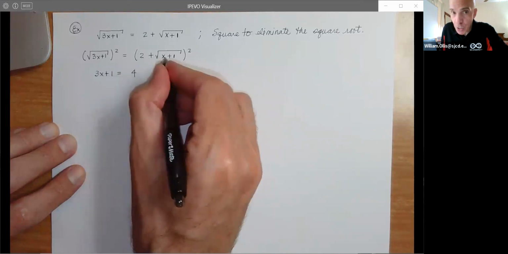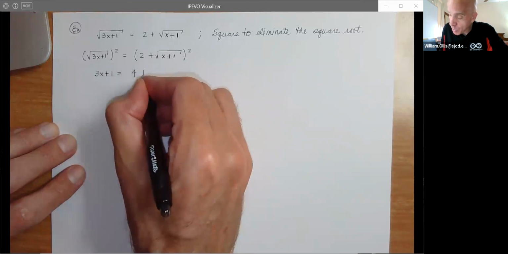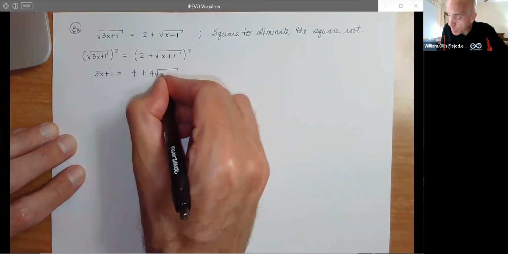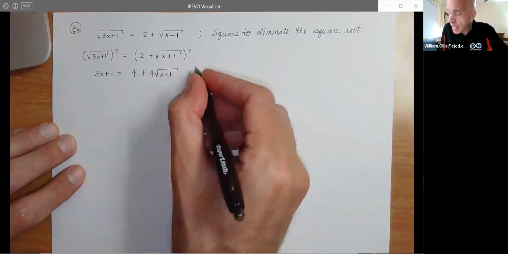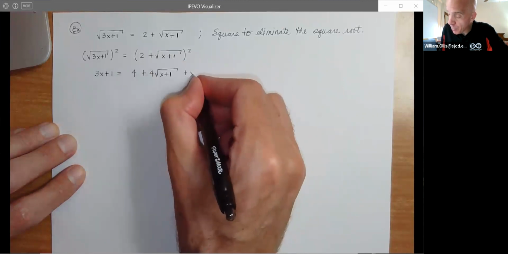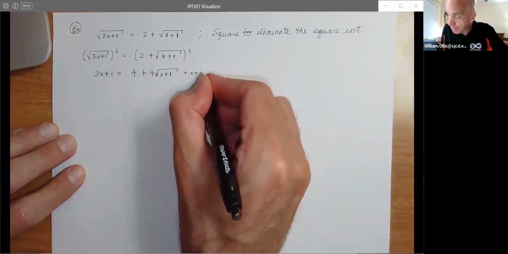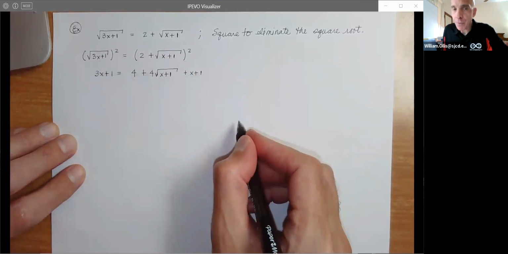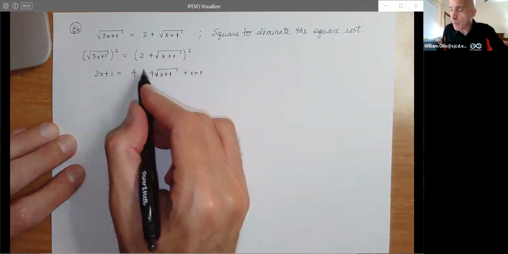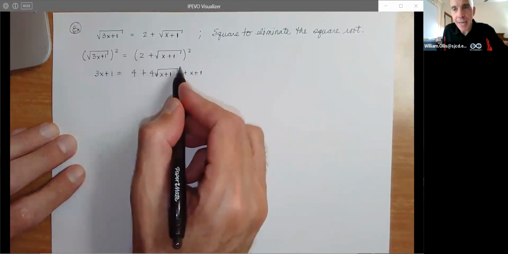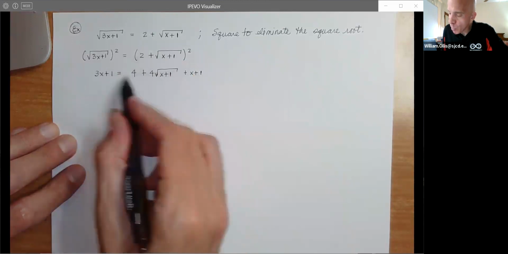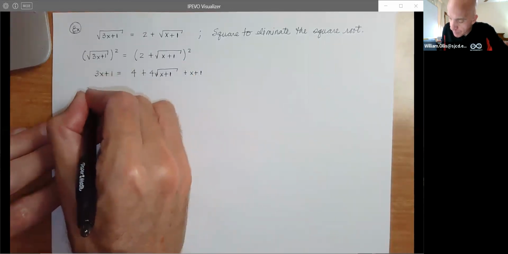Then we multiply 2 in the radical and hit it with a 2. So that will be 4 times the square root of x plus 1. And then if we square the radical here, we are just left with the radicand. So again, the squaring of the binomial identity that we reviewed in the previous lecture we're using, and that's very, very convenient.